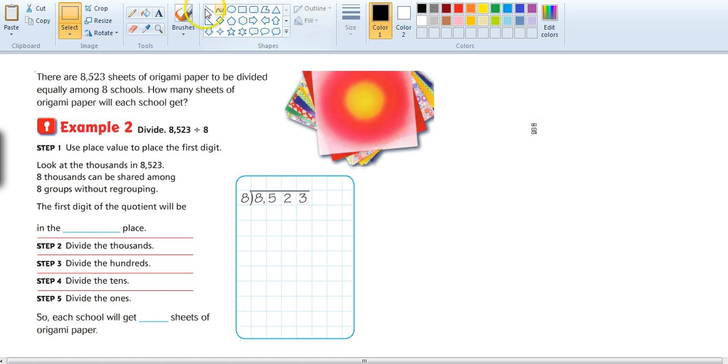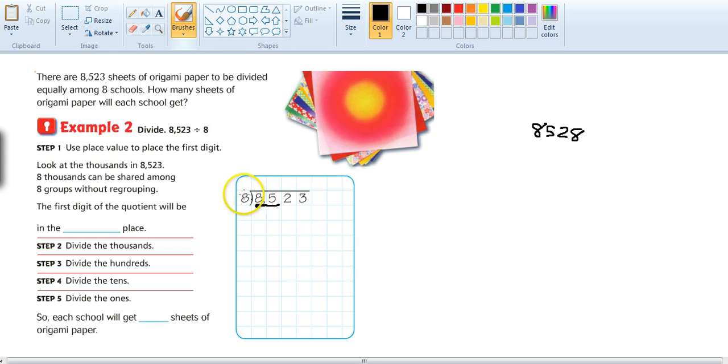So if we have 8,523 as our actual target number, our dividend, what two multiples of 8 does that sit between? So again, we're going to look right here. We can look at the 8 or the 85 if you want, either way.